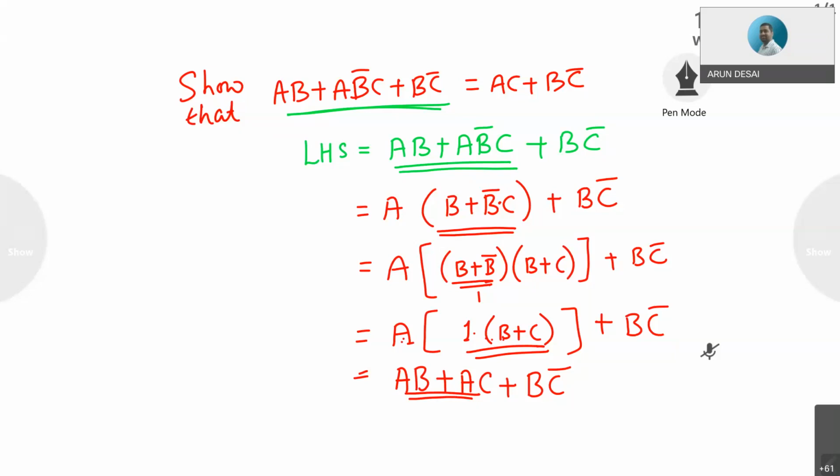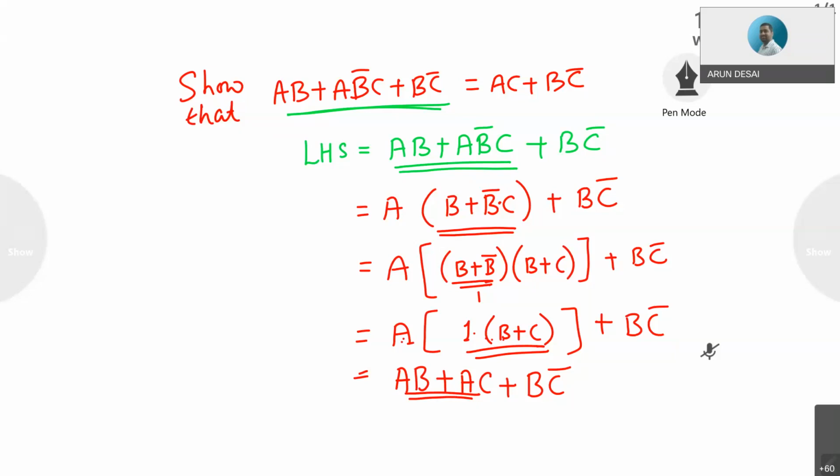Are you with me? Someone, I think Pallavi said that. Yes, add C plus C complement, right?